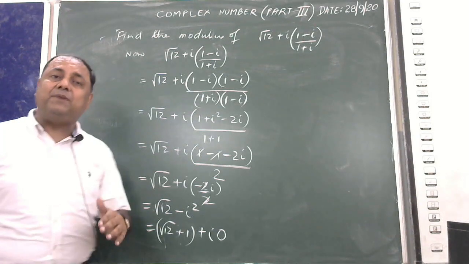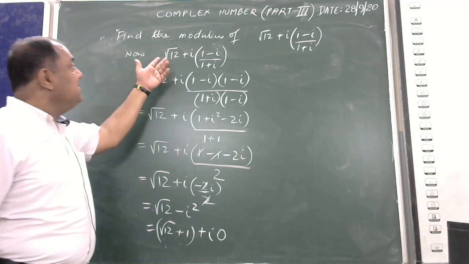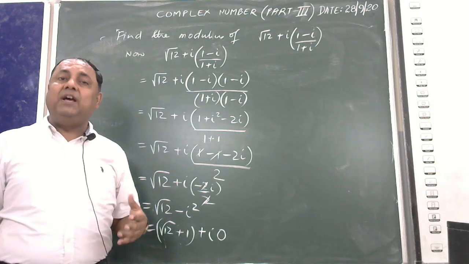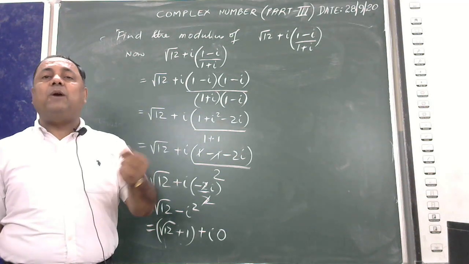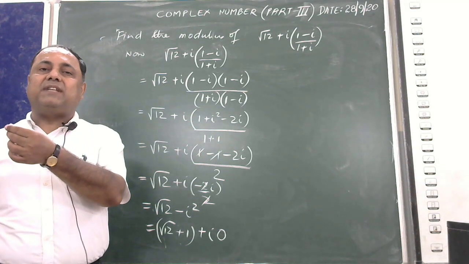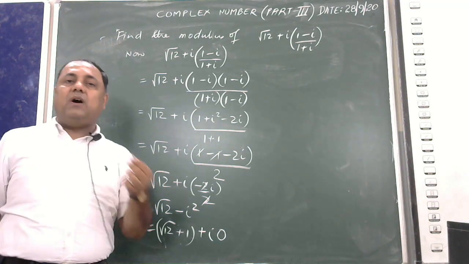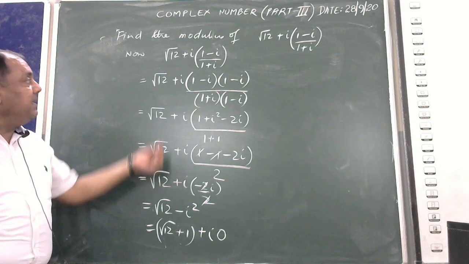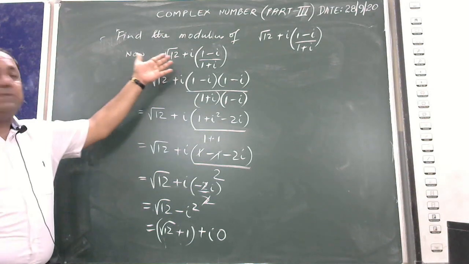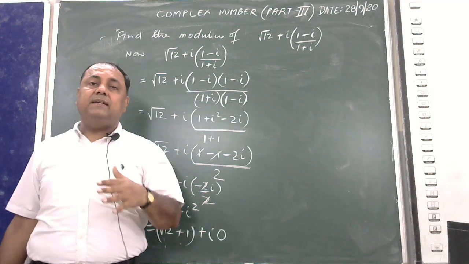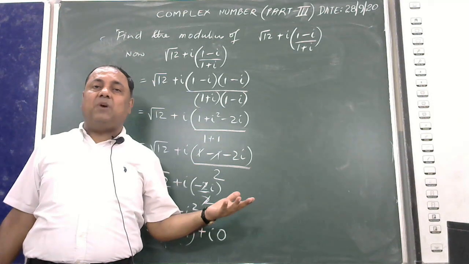I repeat it once again. This type of problem appears in many competitive exams, and you may be given it in objectives also, with 1, 2, 3, 4 options. So how would you proceed? This may be part of another problem, where you have to express what is a, what is b, what is x, what is y, how this is expressed as a complex number.